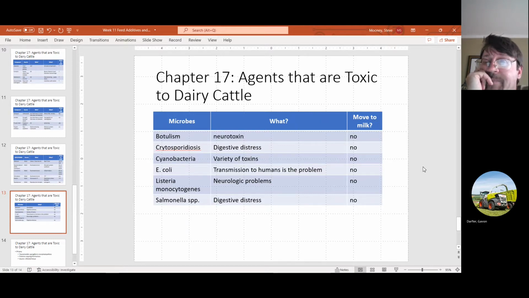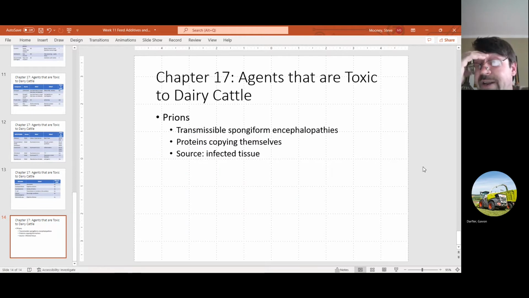So trying to keep things clean, trying to keep the water clean, transmission to humans is a problem, but you're not dealing with microbes somehow getting in the milk. They could be transferred through contamination or some other way. So we have to avoid those in some way.